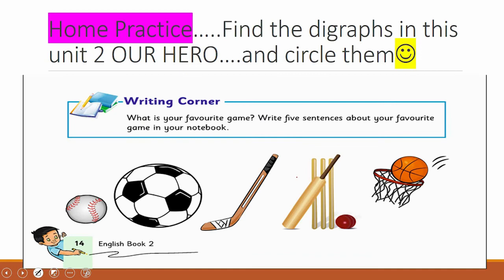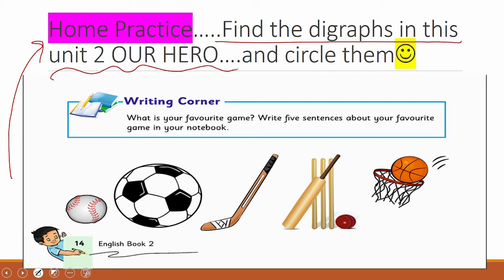So let's do some home practice now. Find the digraphs in this unit, Our Hero, and circle them. Which 2 digraphs of consonants did we just do in the class today? We did kl and we did kr.